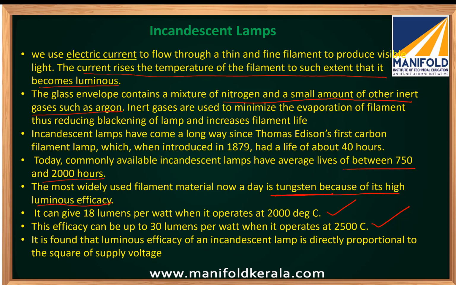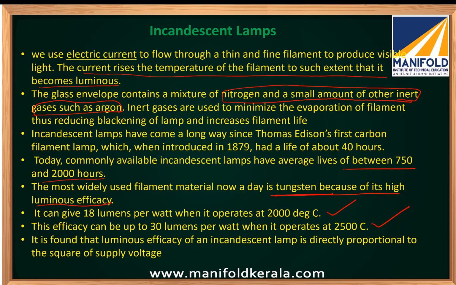Here the glass envelope contains gases of nitrogen and a small amount of inert gas like argon. That is one point. Inert gases are used so that they reduce the evaporation of the filament and thus increase its life.